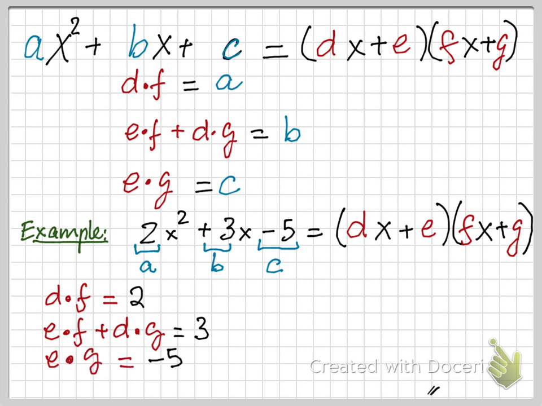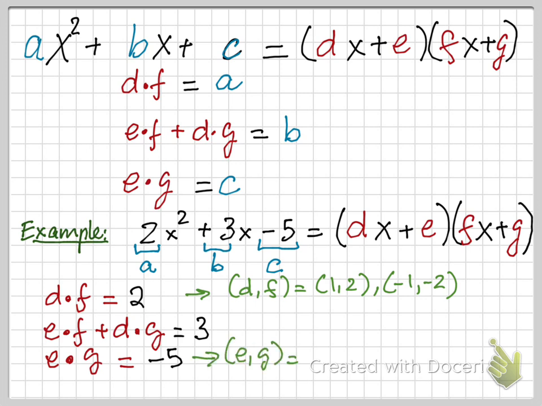Going through the first condition, you want to find the two numbers such that the product of these two numbers is 2. So first you have the first pair, which is 1 and 2. Second, negative 1 and negative 2. Then I'm going to jump to the last condition, the product of e times g equals negative 5.